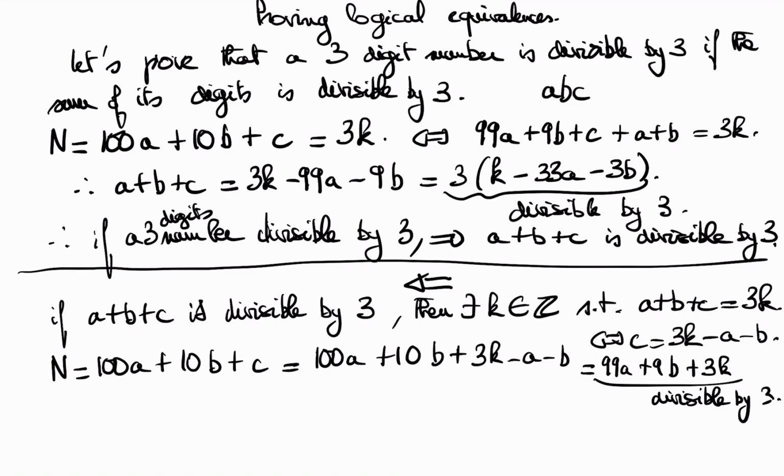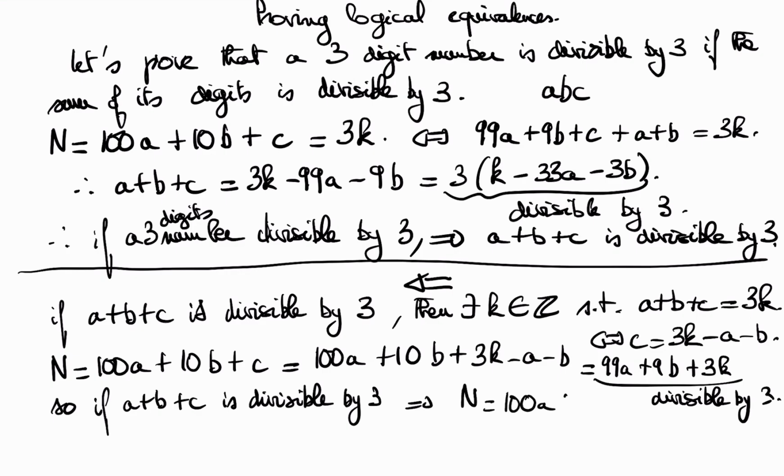So we have proven that if a plus b plus c is divisible by 3, then n, which is 100a plus 10b plus c, is divisible by 3.